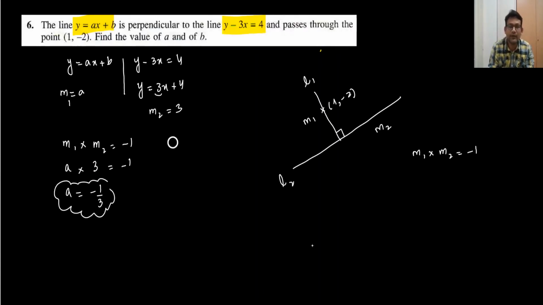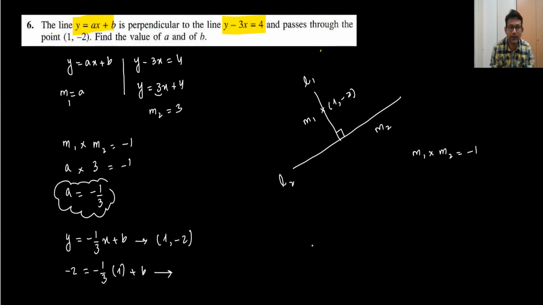Now we need to find the value of b. As we know, this equation now will become y = -1/3 x + b, passing through the point (1, -2). Whenever any equation is passing through a particular point, just put the value of x and y: y is -2 and x is 1.